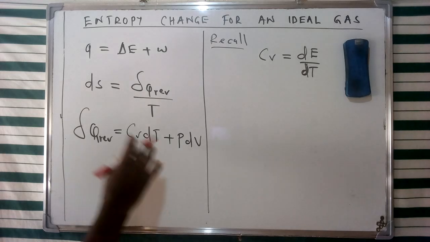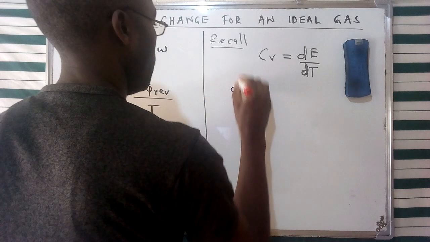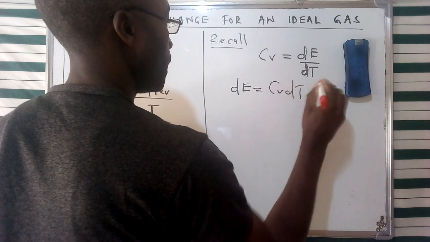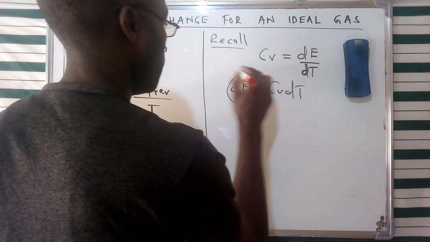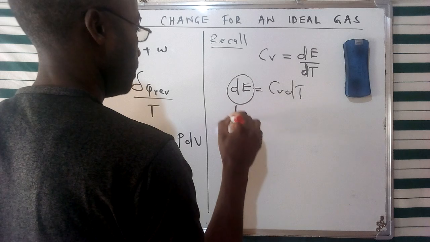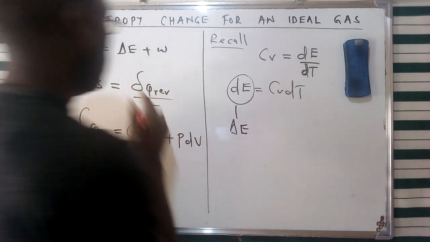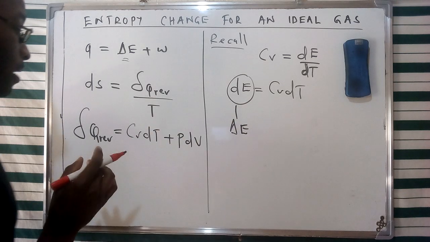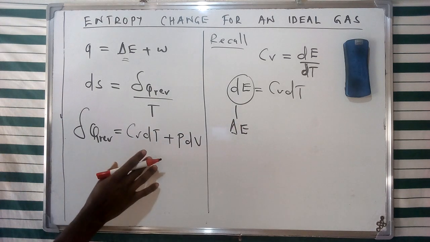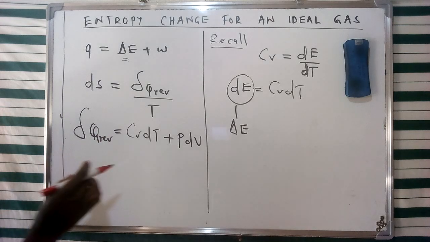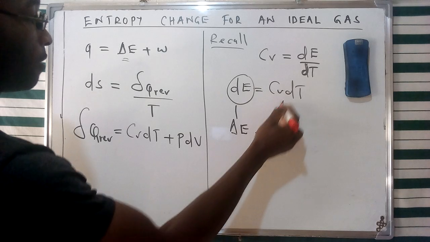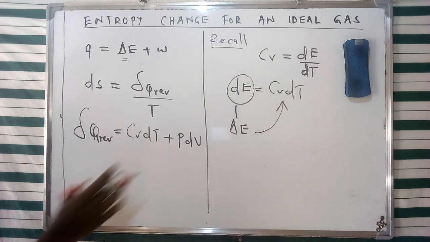It implies therefore that dE is equivalent to Cv dT, and this gives us the ΔE involved in the first law of thermodynamics. Having stated that, this creates meaning in this representation, whereby the ΔE is substituted with this specific equation.